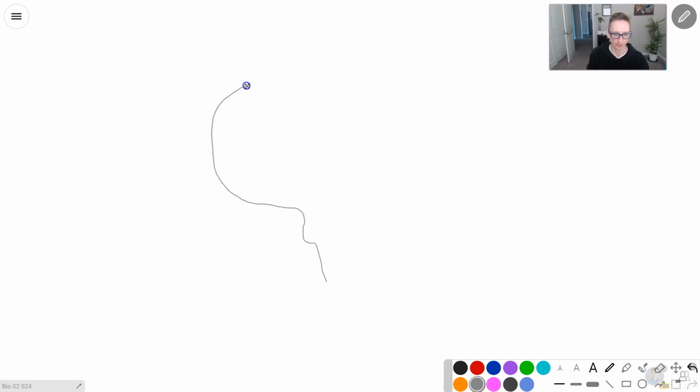Let's draw a little brain. Because our respiratory system is a pretty unique part of us in the sense that we can control it with our thoughts, or we can let it take control of itself.